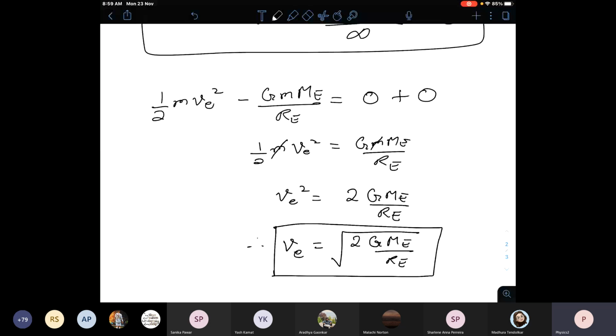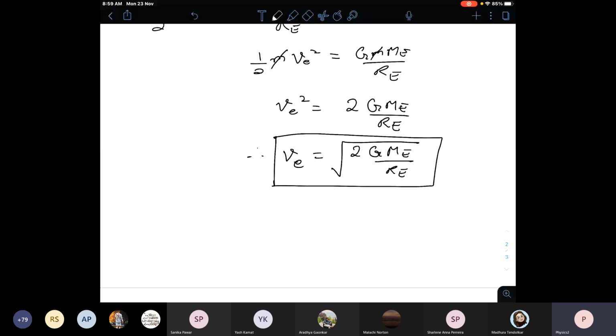Achha, so now see, this was one of the representations of escape velocity. We are familiar with a small g representation, that is acceleration due to gravity. We want to introduce small g over here. So what you can do is just see the value of small g.